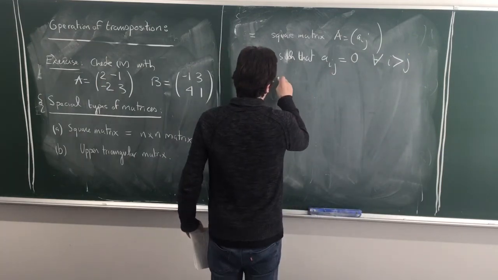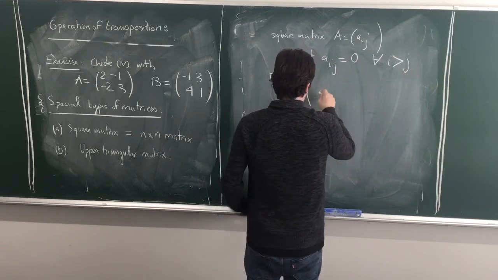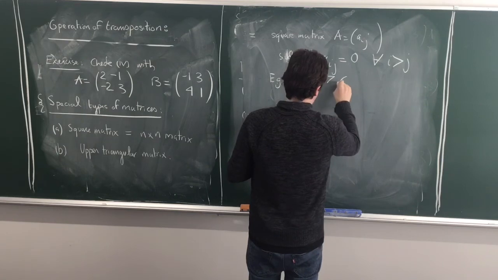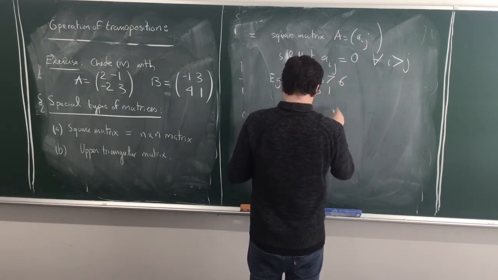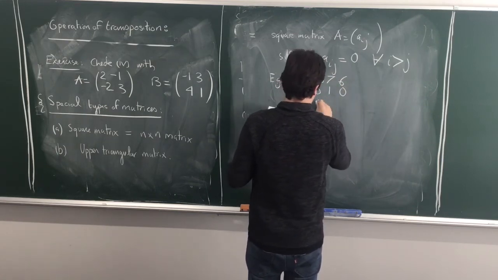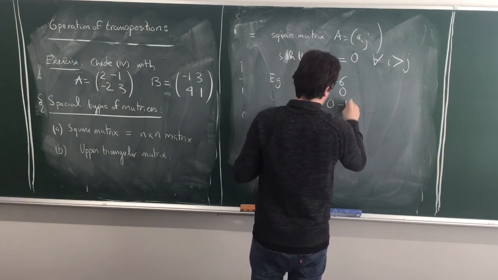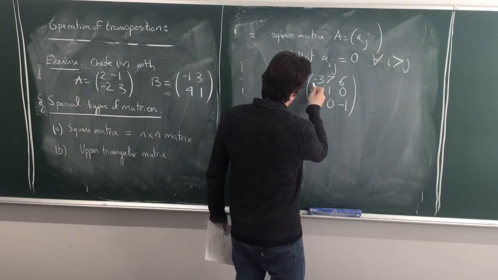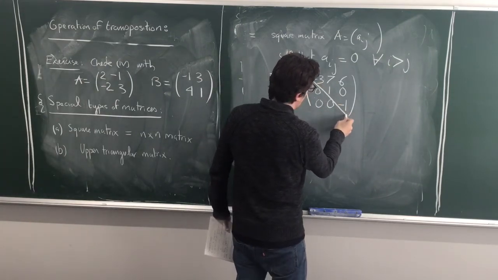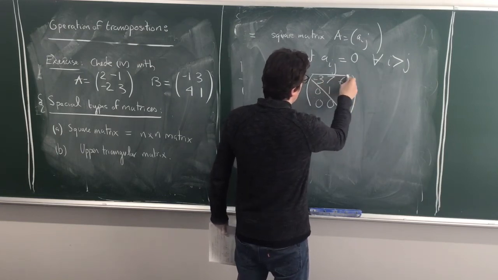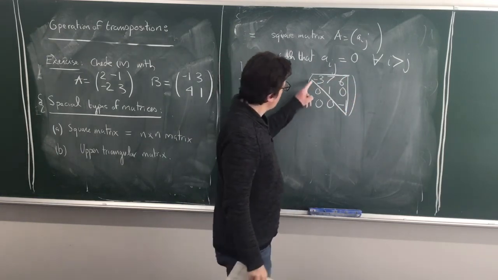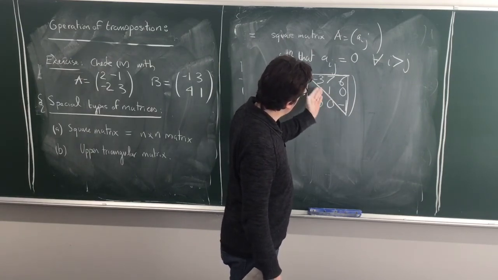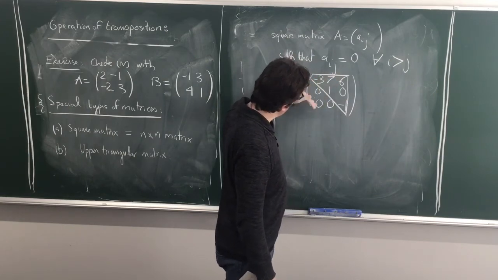An example of this is the matrix with rows (-3, 7, 6), (0, 1, 0), (0, 0, -1). The important thing is that if you consider the diagonal, you can draw a triangle, so this will be considered upper triangular. Everything below the diagonal must be 0.